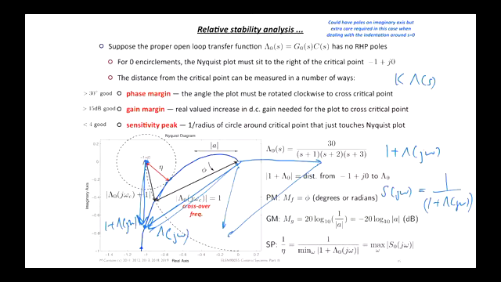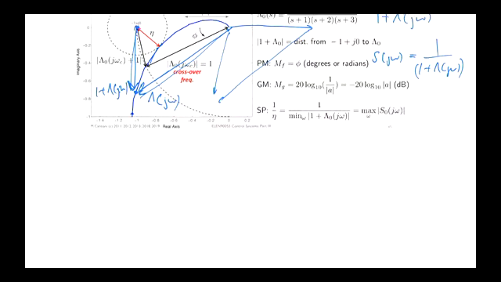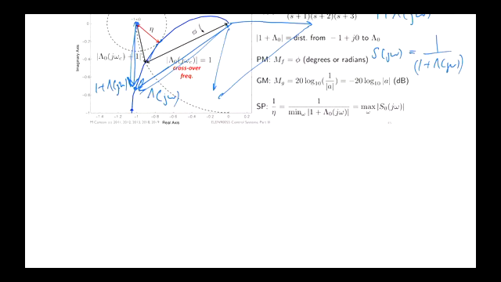Now it's important to realise that good phase margin and good gain margin does not necessarily mean small peak sensitivity, because you could have a situation like this, where at the crossover frequency we have lambda here. So that's magnitude 1, giving us a big phase margin.